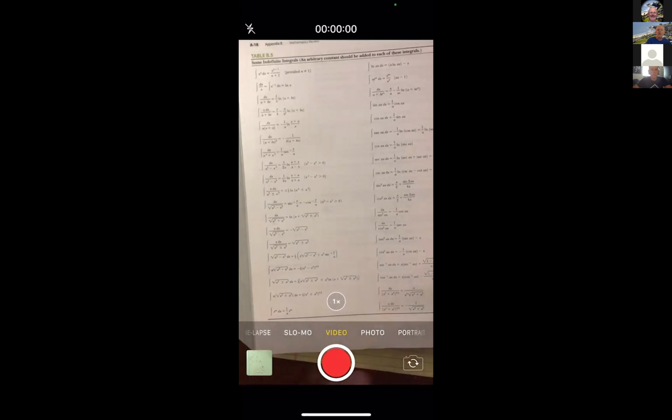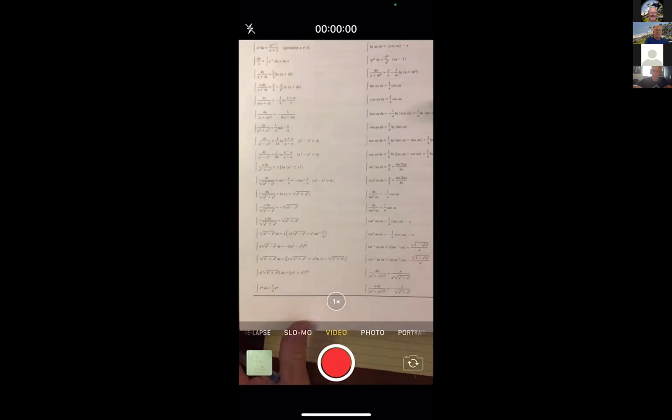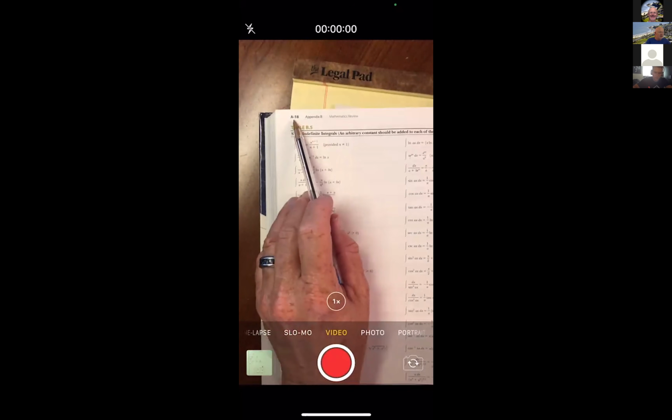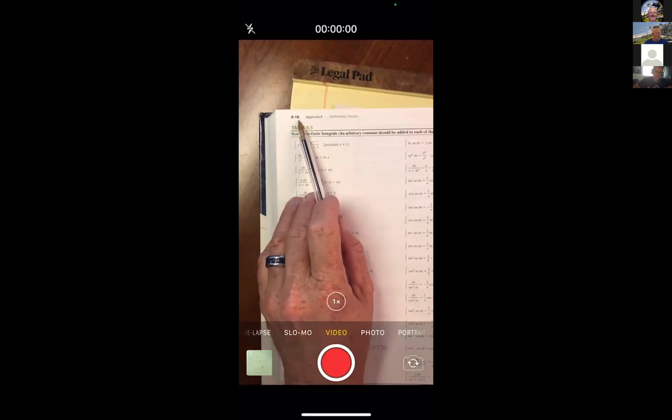Hey, Michael. Yeah. What page is that on? Just so that I can write it down so I can check on my online textbook too, just to note it. Oh, yeah. It's A18. In fact, I got the online one still up here because I was looking at the examples.